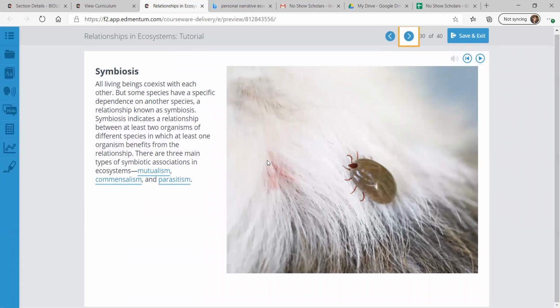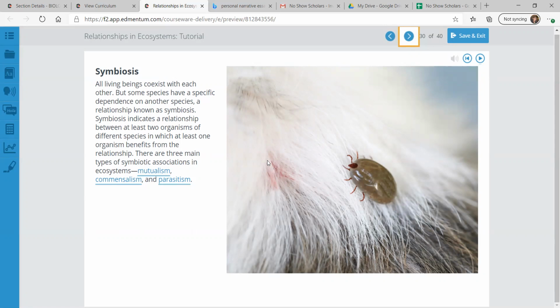Symbiosis. All living beings coexist with each other. But some species have a specific dependence on another species, and that relationship is called symbiosis. Symbiosis indicates a relationship between at least two organisms of different species in which at least one organism benefits from the relationship.